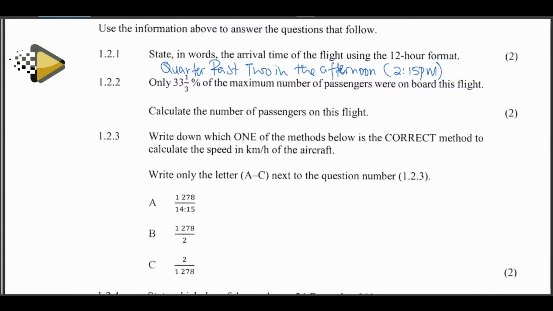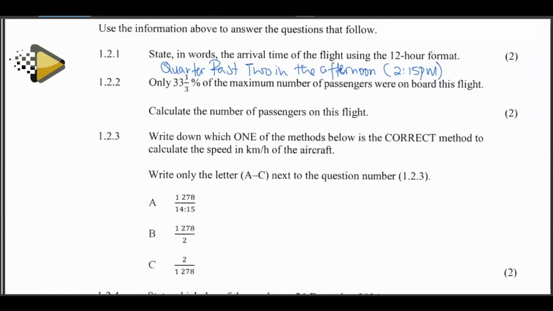12-hour system. Only 33.33% of the maximum number of passengers were on board this flight. So calculate the number of passengers. Now, what you do first, change this into percentage format. It will be 99 plus 1/3, which is 100/3.